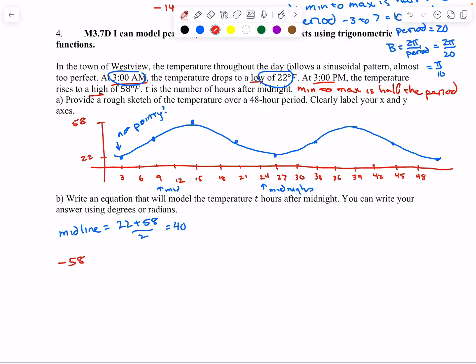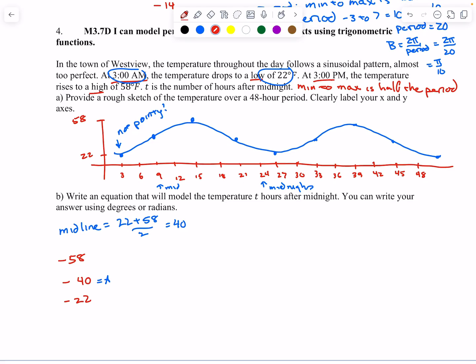So we've got 58, 22, the middle is 40, which is D again. Let's see, min, okay, I can use negative cosine at x equals 3. I can use positive cosine at x equals 15.